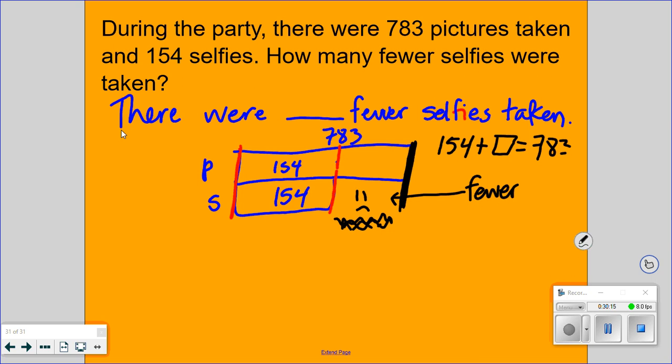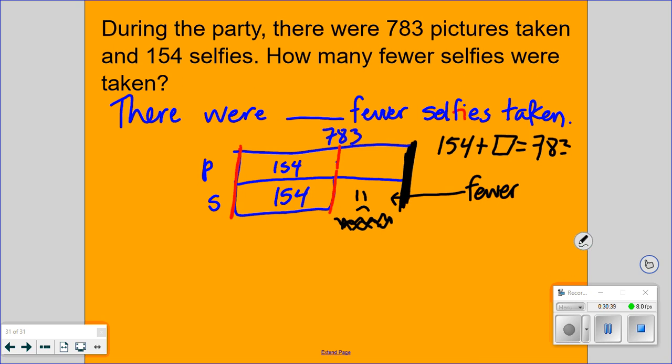How else could I solve it? Go on, Marco. Say that again. Marco's strategy. Okay, give me the equation. You've got to have an equation in order to do that kind of strategy. 783 minus 154.